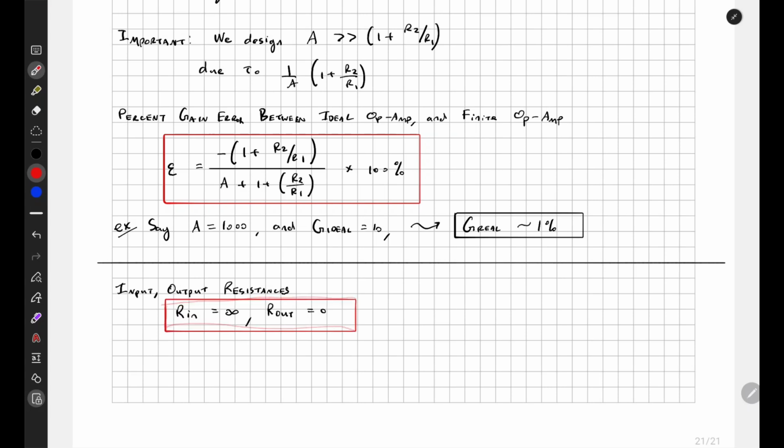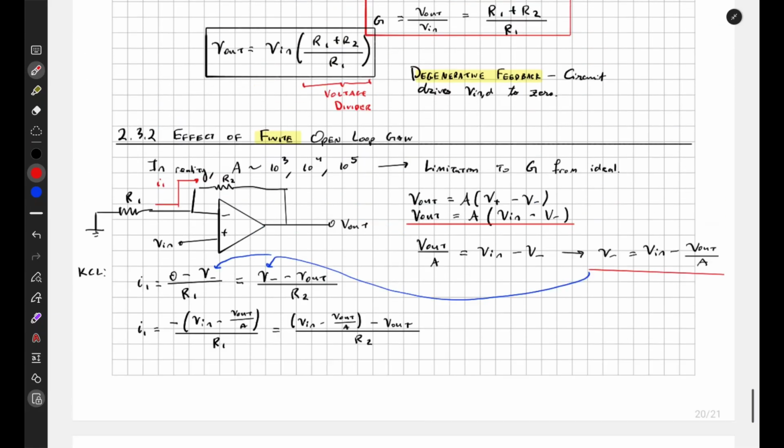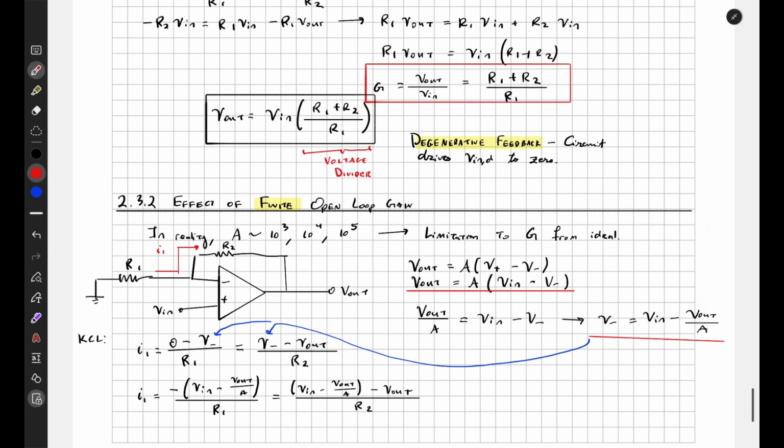Just as a review, why do we care about this? We want the R in for the op amp to be infinity, so that there's no current going into the op amp. And likewise, we want the output resistance to be as close to 0, so it behaves as closely to the ideal as possible.